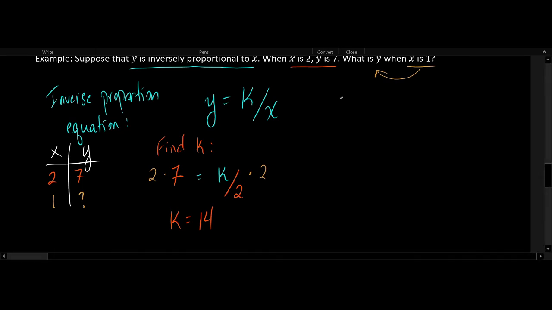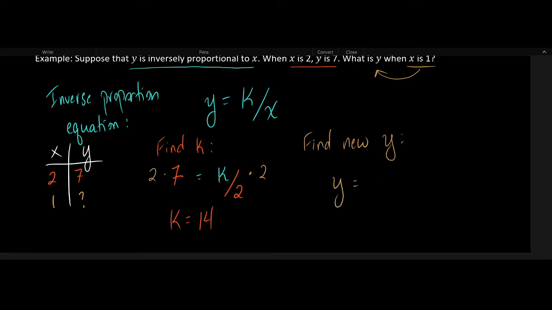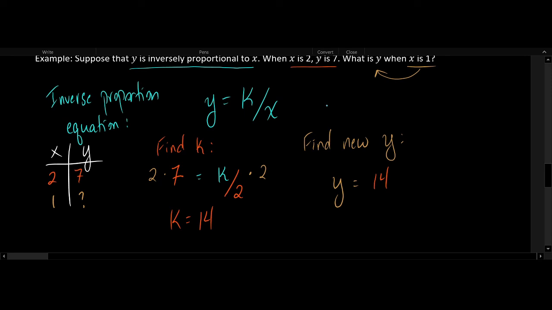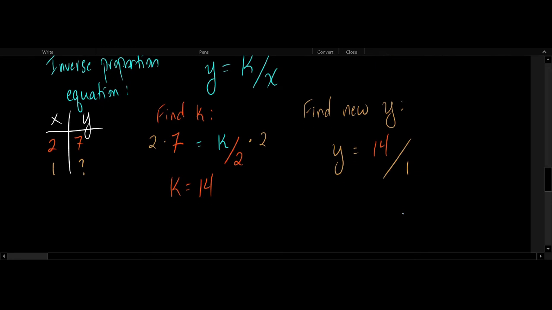Finally, let's find the missing value of y, find the new y. So we are told that k equals 14. X is equal to 1 this time. And so the new y value, 14 divided by 1, is just 14. That's the y that goes with x equals 1 based on this equation.